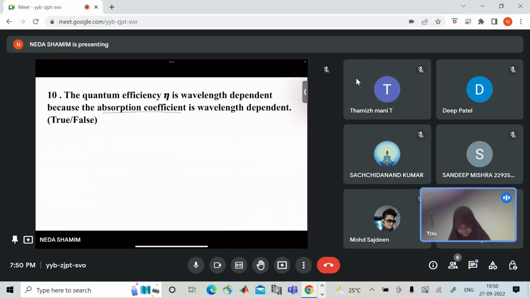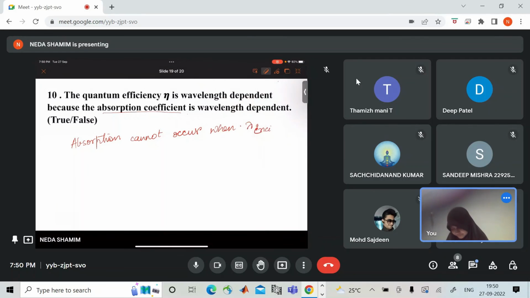Will my diode absorb whatever wavelength I am giving? No, that has to be less than the cutoff wavelength. Right? Absorption cannot occur when lambda incident is greater than some lambda cutoff.